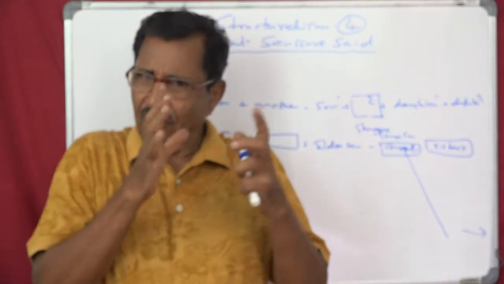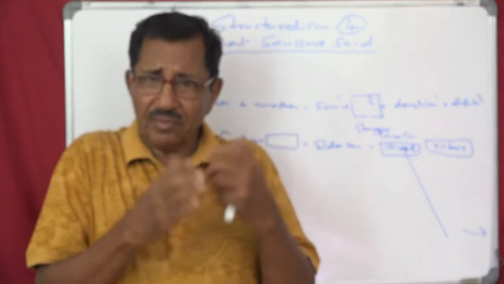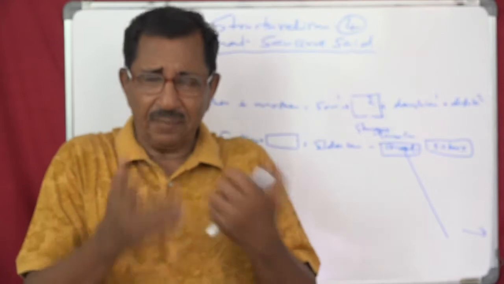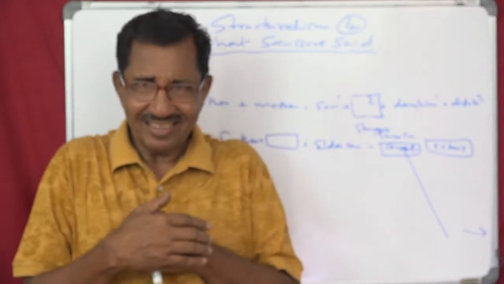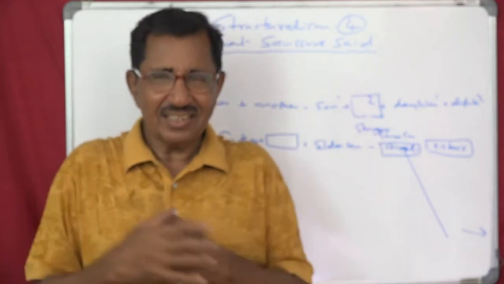Okay? Now, if you have the structuralist vocabulary, you will see why there is this conflict between haves and have-nots in capitalism. Why are there so many conflicts in families?